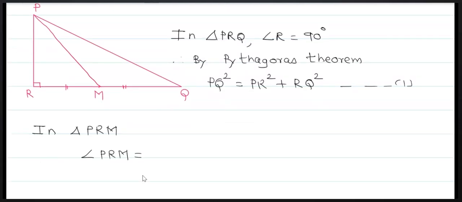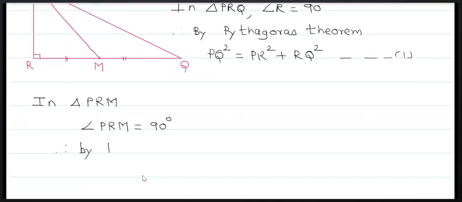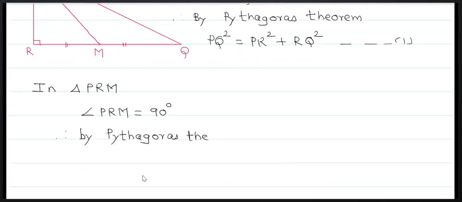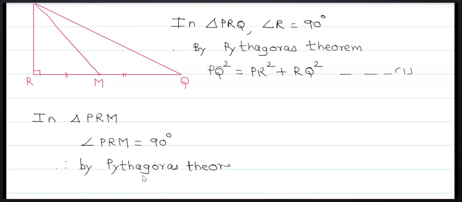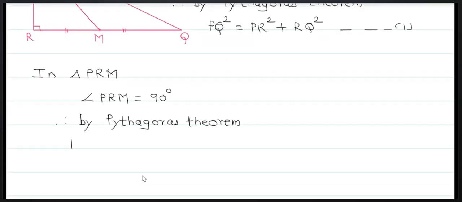Next, triangle PRM. Again, that angle is 90 degree. And therefore, by the Pythagoras theorem, PM square is equals to PR square plus RM square.